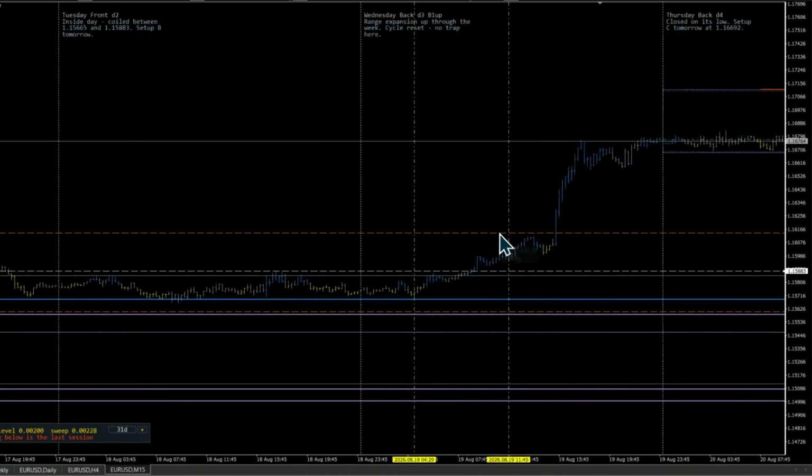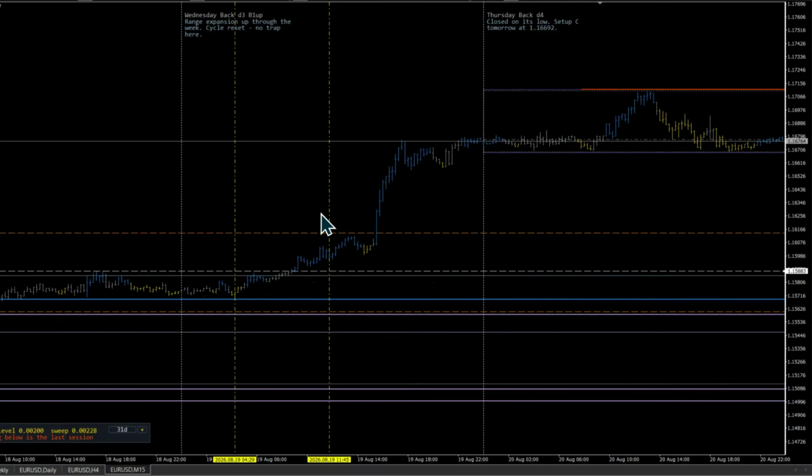So it wouldn't have been a big, massive loss. And then, as you can see, it broke out and went to that 8:45, didn't it? 8:45 is there, right? So once the market breaks out, it went there.